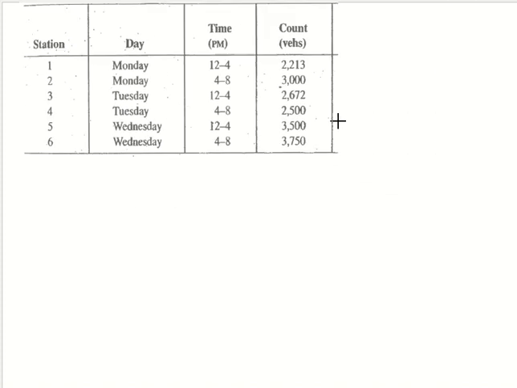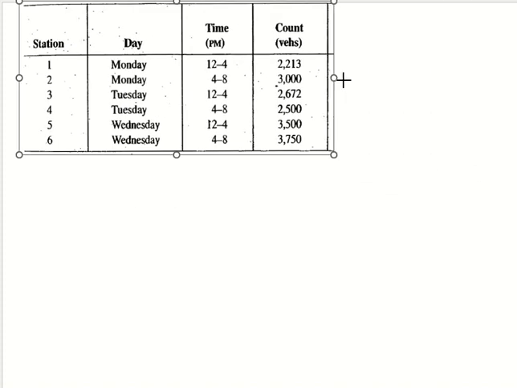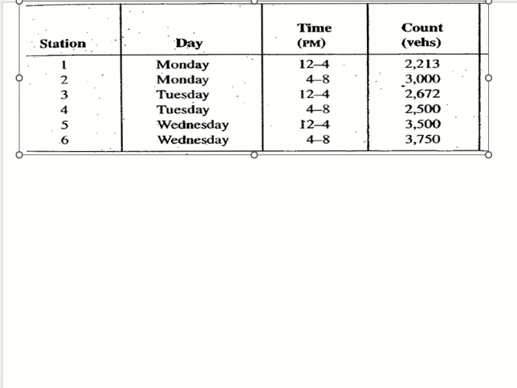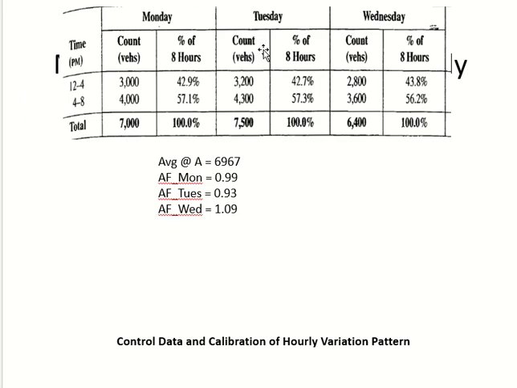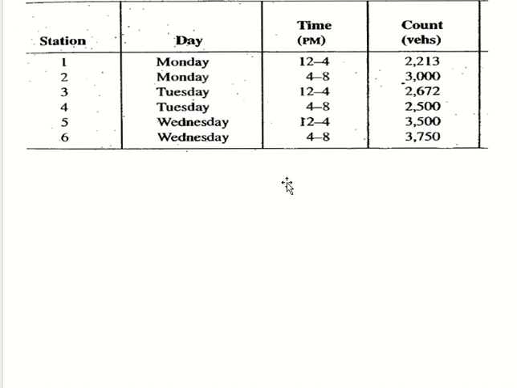Now this is the data for the coverage locations. You can see each location is on a particular day and for how many hours? 4 hours. Do I know the percentage of traffic in each 4 hours from the control?